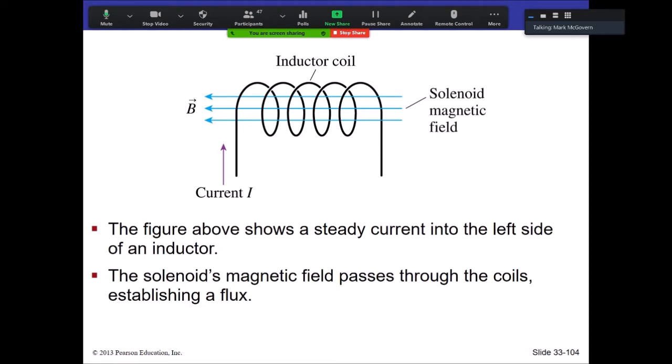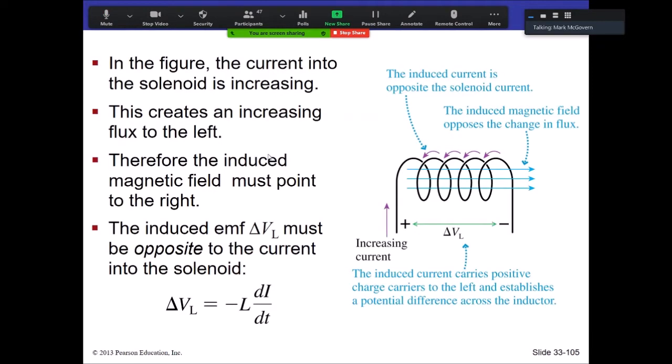And if the current is steady, well, there's nothing interesting going on. It's when the current changes that we start to think about electromagnetic induction, Faraday's law, and all that good stuff. So steady currents have no effect on the inductor at all.